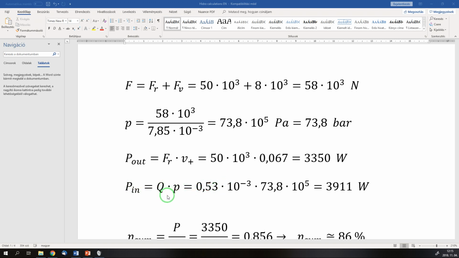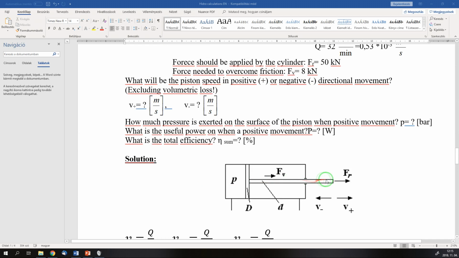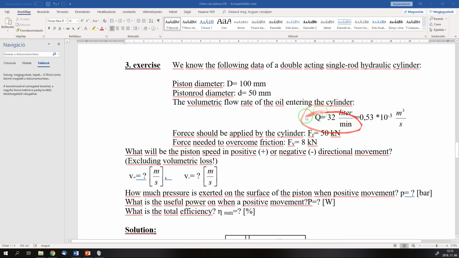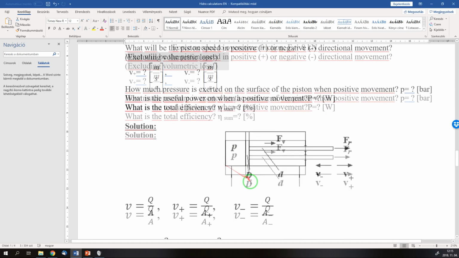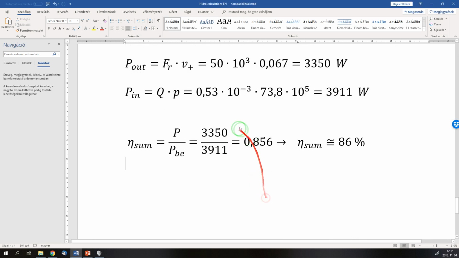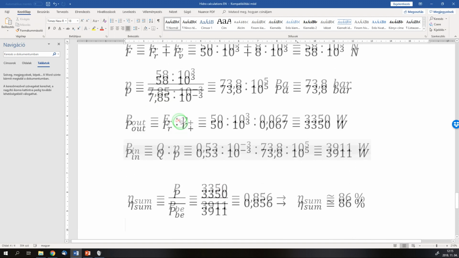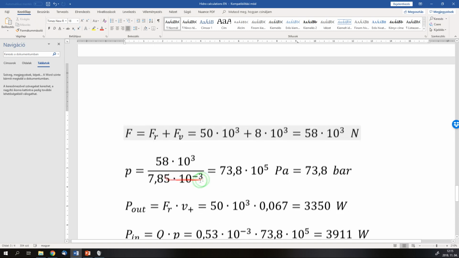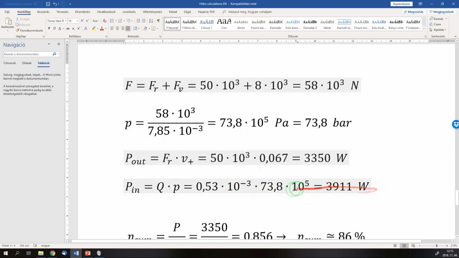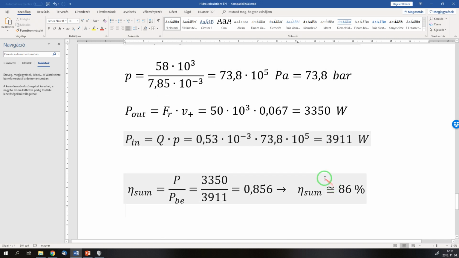Okay, so we have the ingoing flow rate here, and we are not calculating with the volumetric losses, so we are excluding the volumetric losses because it's easier now. And we calculated the pressure which is needed, so we can calculate the ingoing power, and we can see that more than 500 watts is transferred to heat, so it's not very efficient.